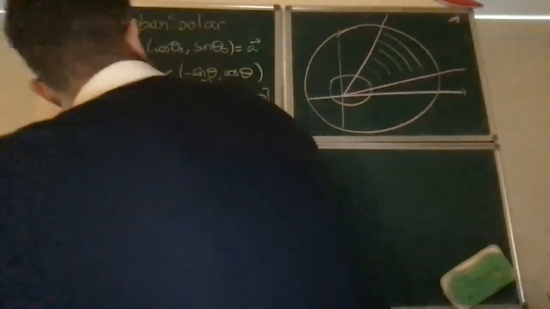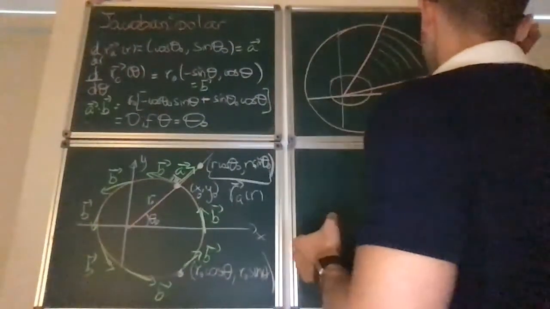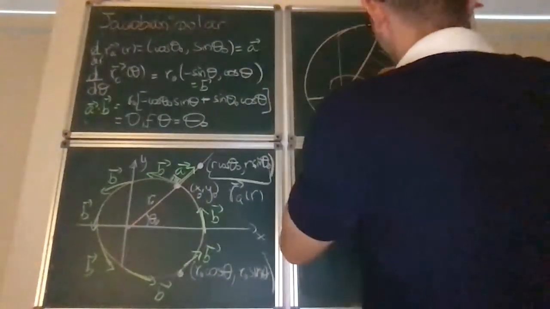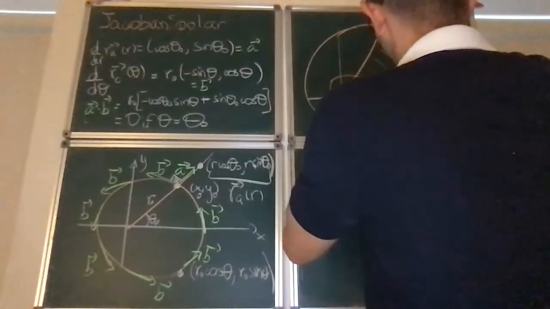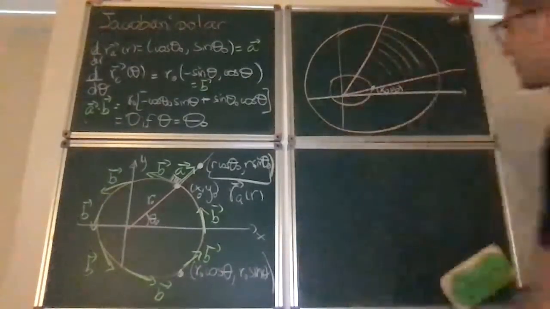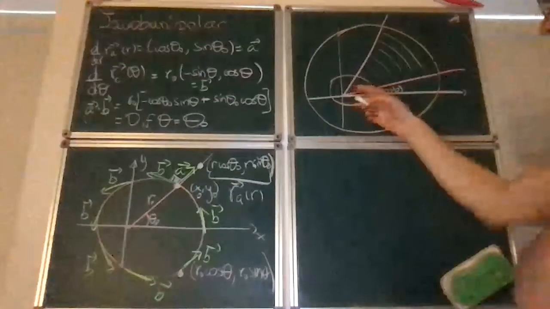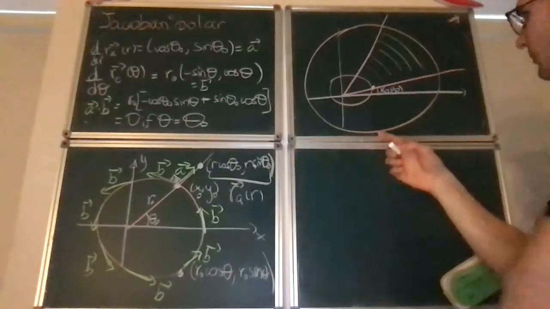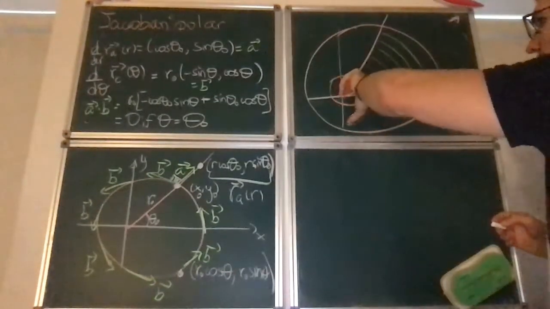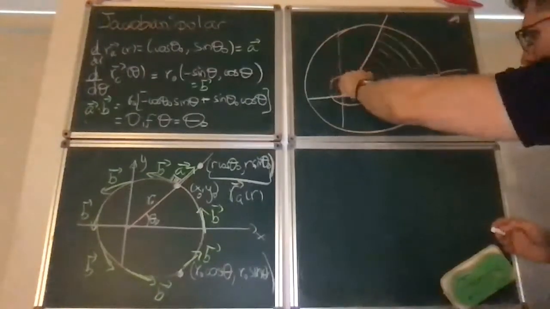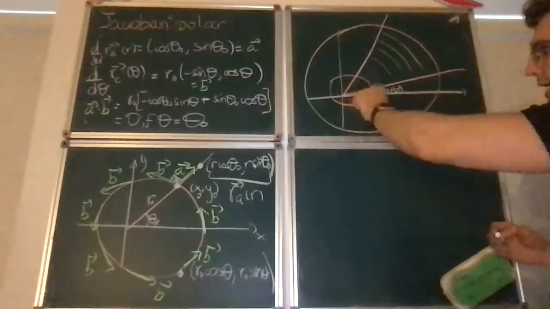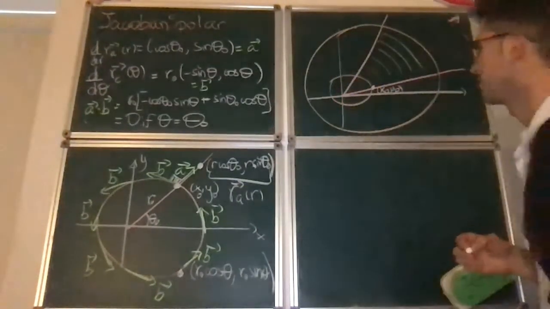Okay, so imagine that you start with the point x naught, y naught here, which again had distance r naught and angle theta naught with respect to the origin.